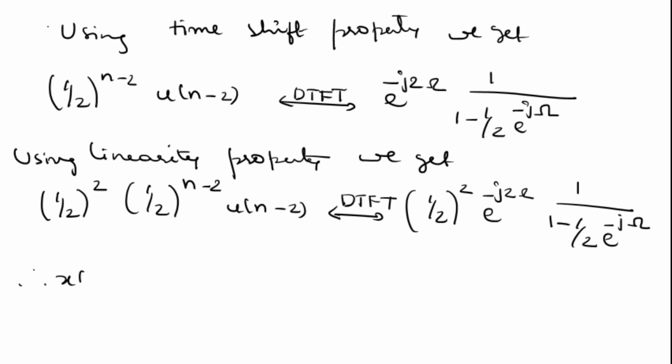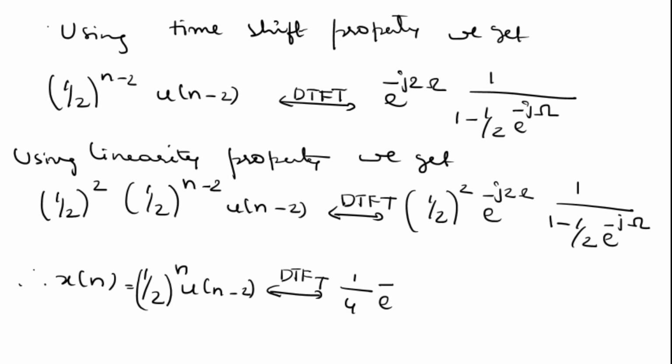Therefore, x of n is equal to half to the power n into u of n minus 2. If I take DTFT, I will get 1 by 4 e power minus j 2 omega into 1 divided by 1 minus half e power minus j omega.